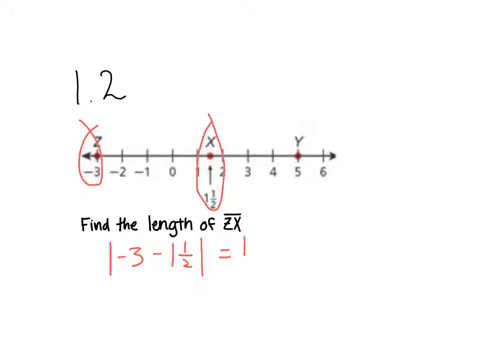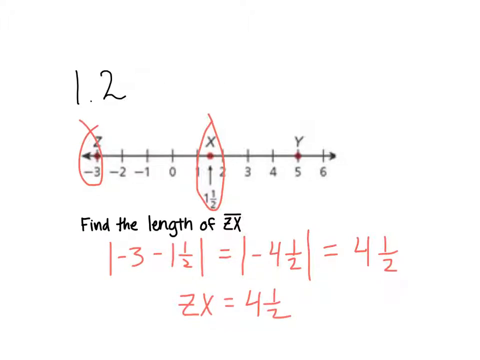And we would get the absolute value of negative 4.5, which would be equal to 4.5. So ZX is equal to 4.5. Remember, when you're talking about length, you don't put a segment on top of the two letters.